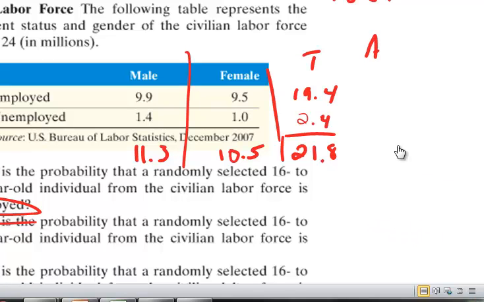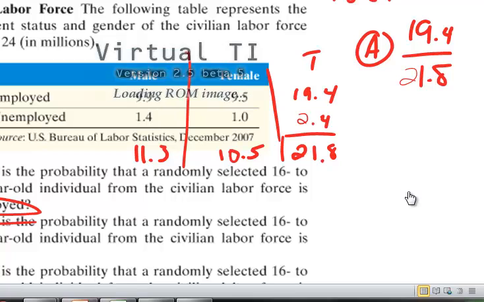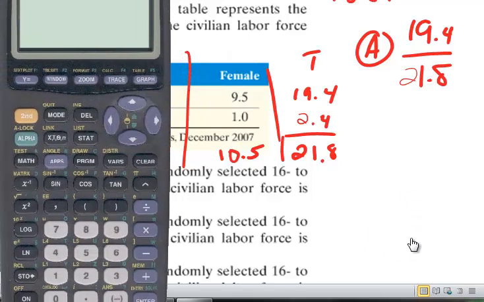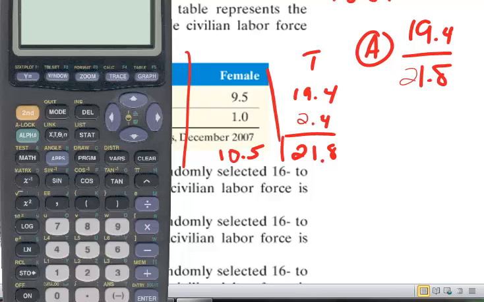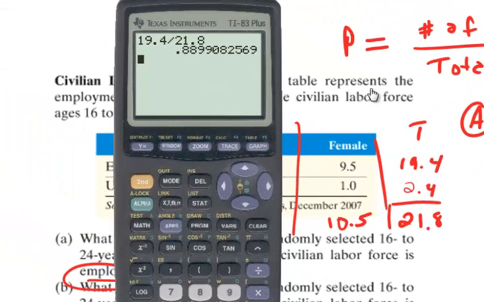So part A is 19.4 divided by the total, 21.8. These are generally going to be expressed in decimals. So 19.4 divided by 21.8, and we get about 0.89. So that's a probability.